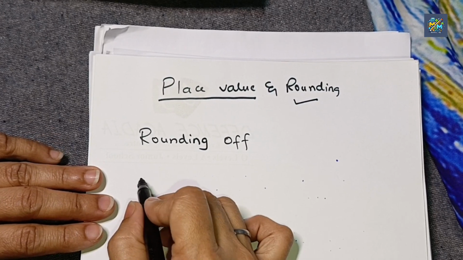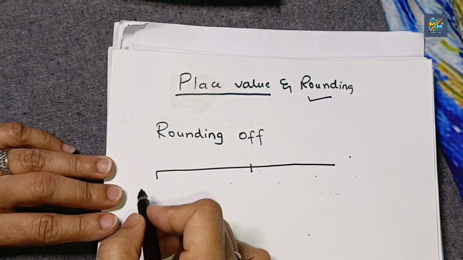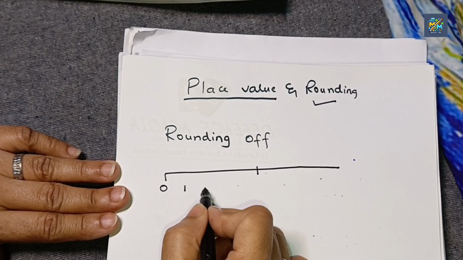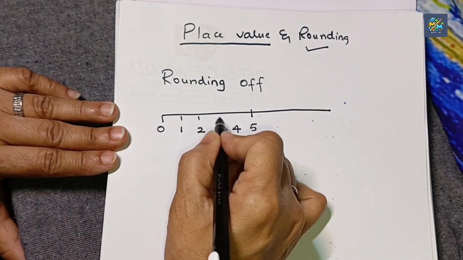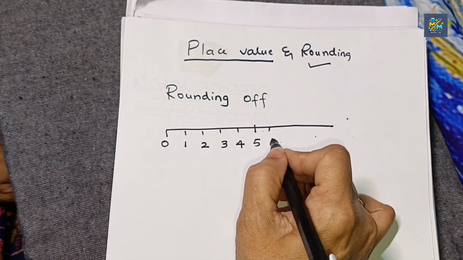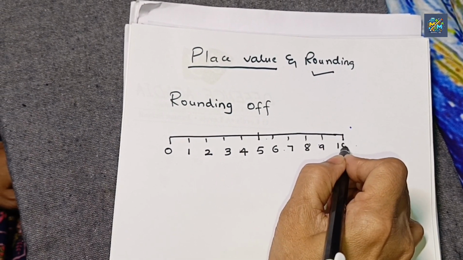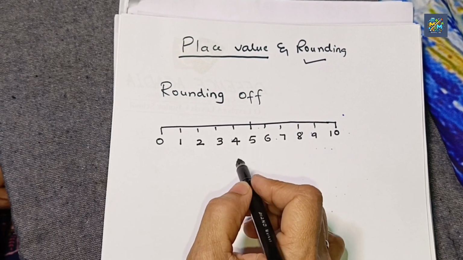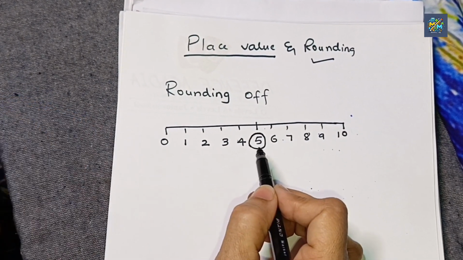Rounding means, see, this is a line, and let's take the start of the line with a 0, 1, 2, 3, 4 and 5, and here comes 6, 7, 8, 9 and 10. If you see, 5 is the midpoint.